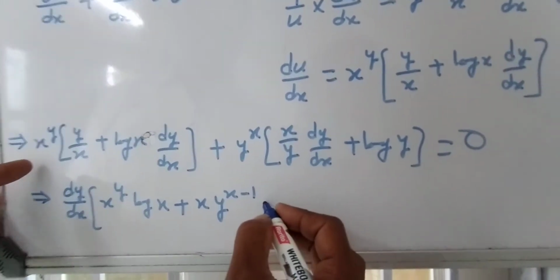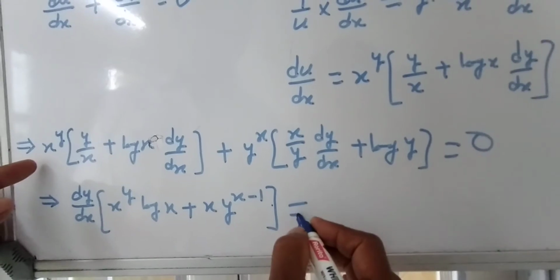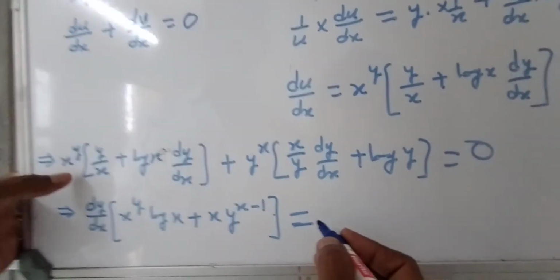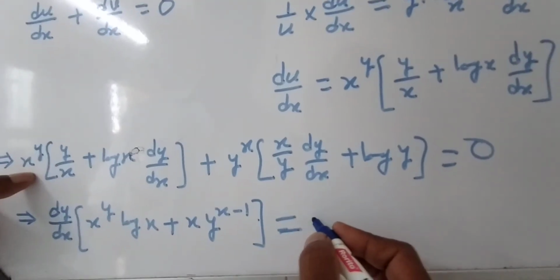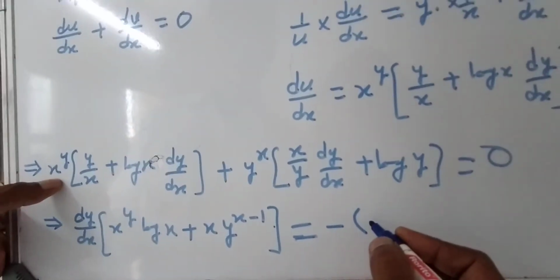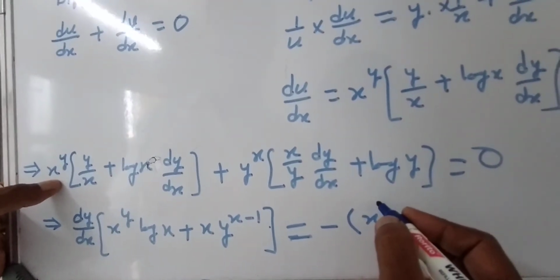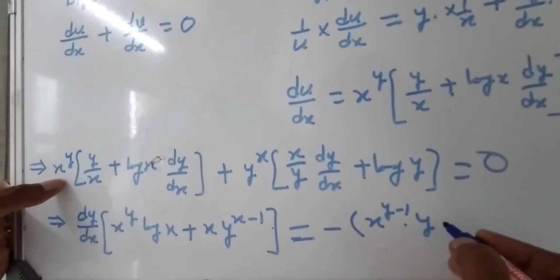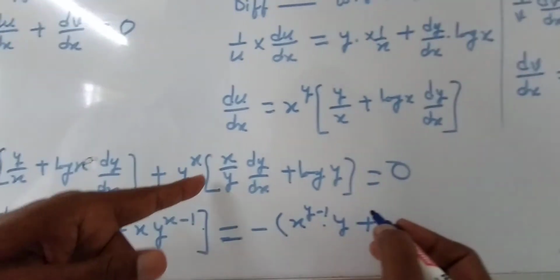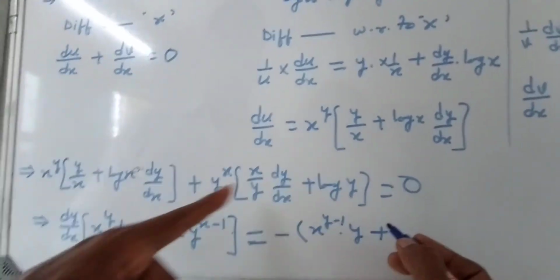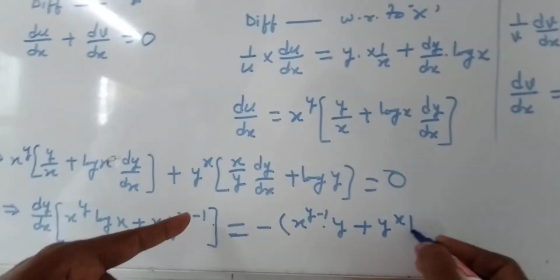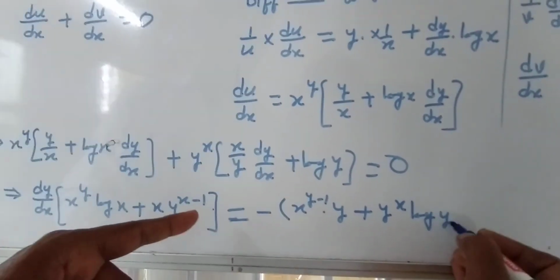Now this term we will shift to the right hand side, so this term with minus sign, x to the power y minus 1 into y, and plus this term, y to the power x log y.